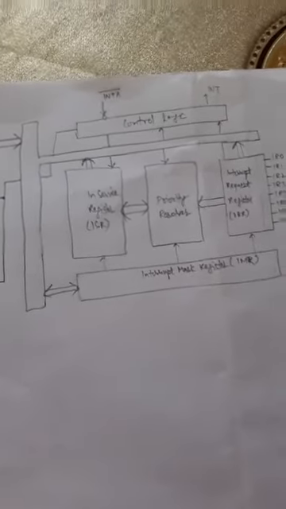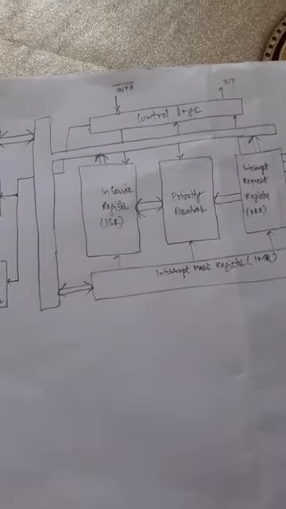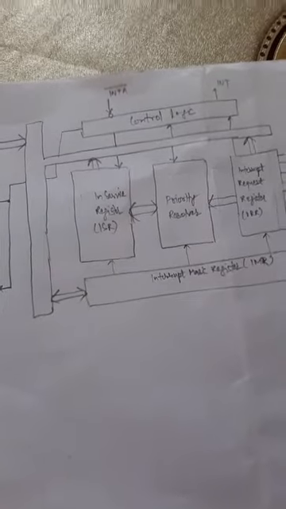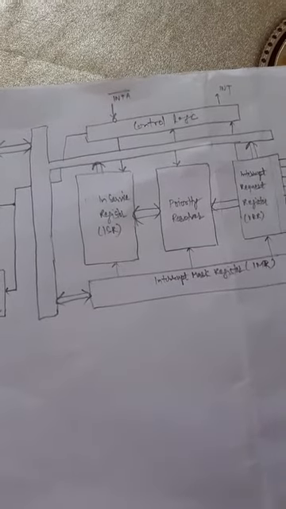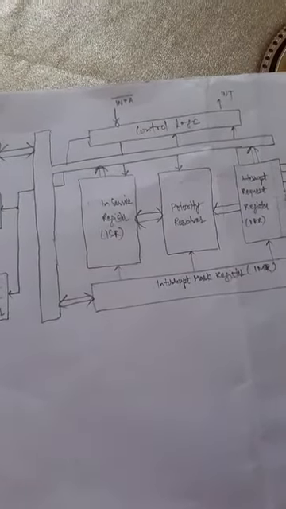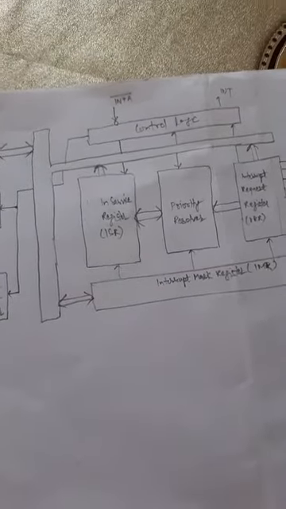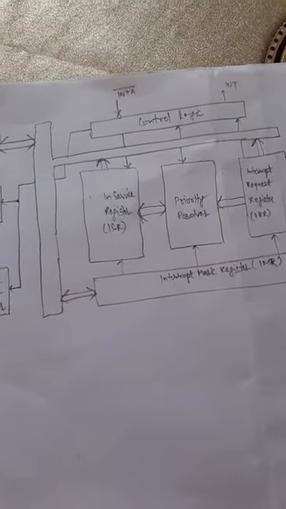Dear student, today I will tell you the architecture of the 8259 programmable interrupt controller. In the last lecture we covered the basic need why we require this 8259 chip. The 8259 increases the number of interrupts for the microprocessor.